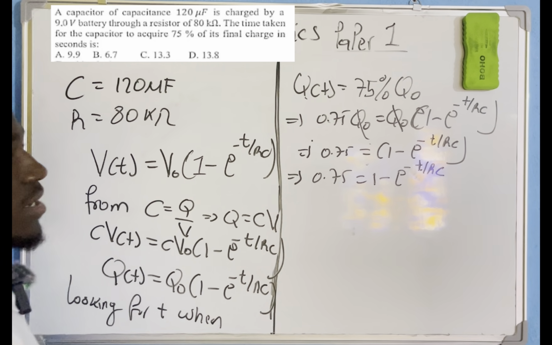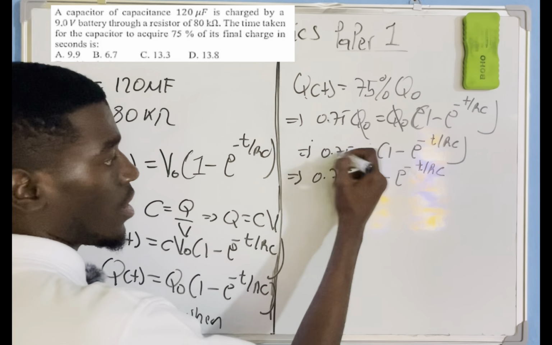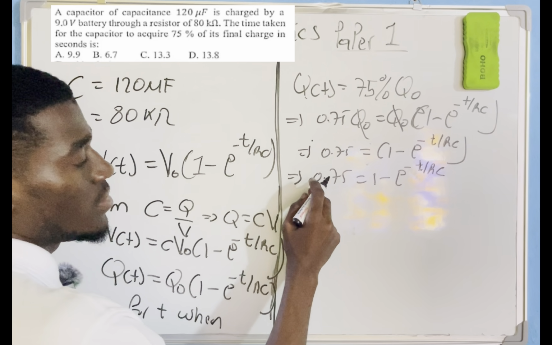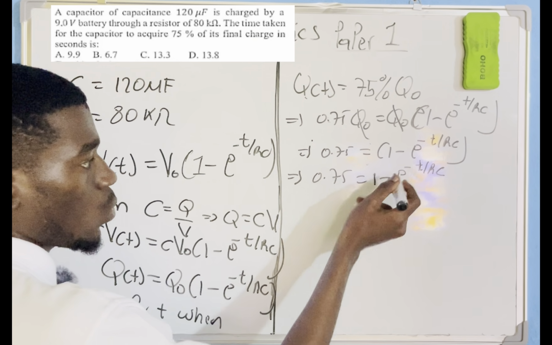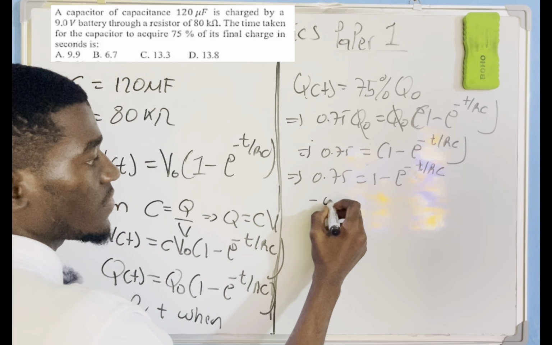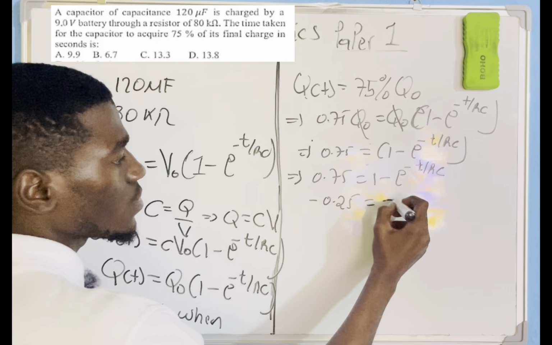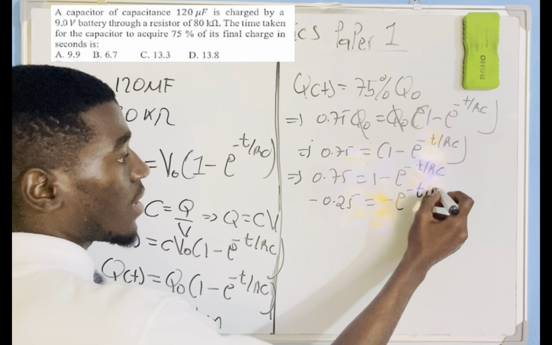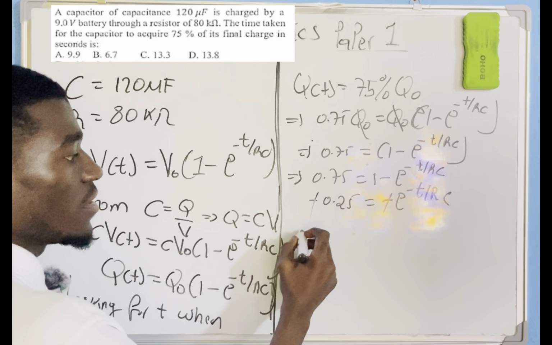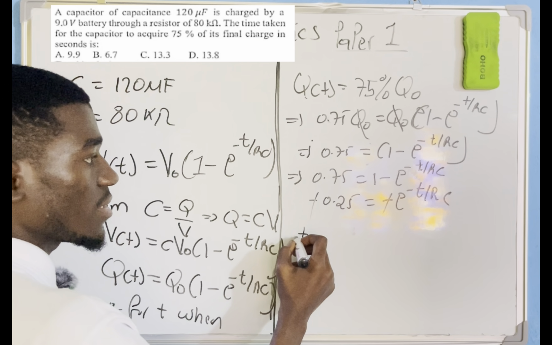I'm looking for t. I think, student, you should make t the subject. I'll bring 0.75 minus 1. I'll have negative 0.25 equals negative exponential of negative t all over RC. Negative cancels with negative. Then I will apply ln.